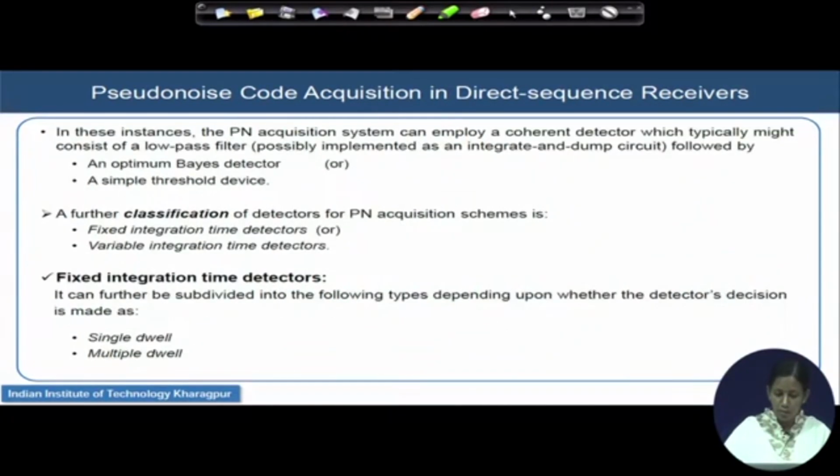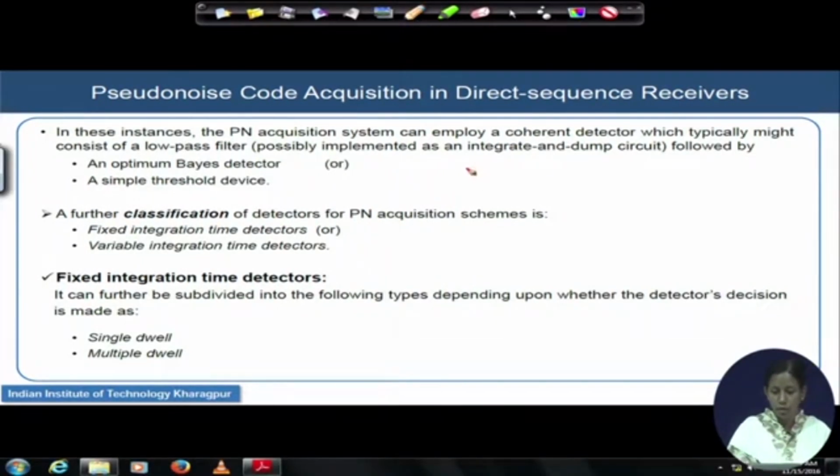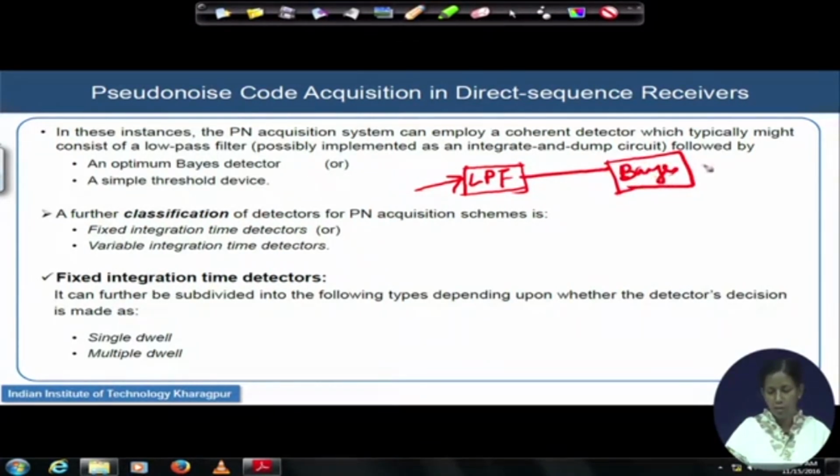In the next slide, we will see the coherent detectors. In a coherent detector, you have a low pass filter, which you can implement by an integrate and dump circuit, and the output goes to a simple detector like the optimum Bayes detector, or sometimes a simple threshold detector, and here is the decision device at the output.